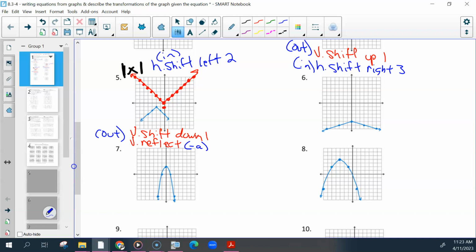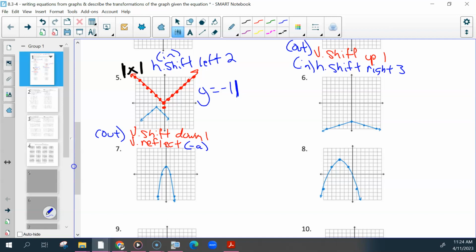So we would start that off. Y equals, you can put -1 or just negative, either or, does not matter. Times your absolute value. How would we write horizontal shift left 2? 2. What 2? It would be opposite.